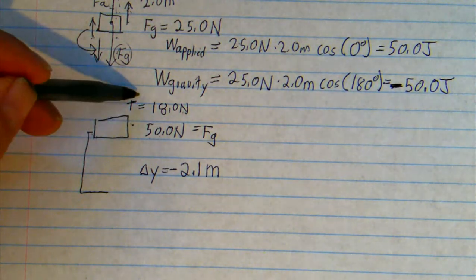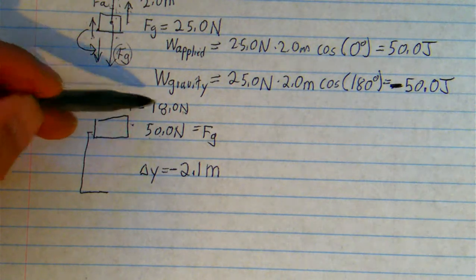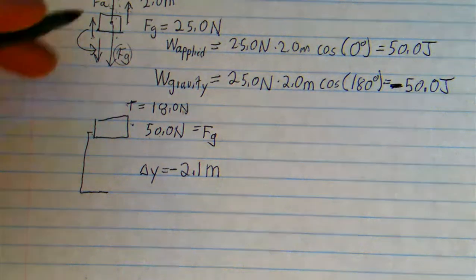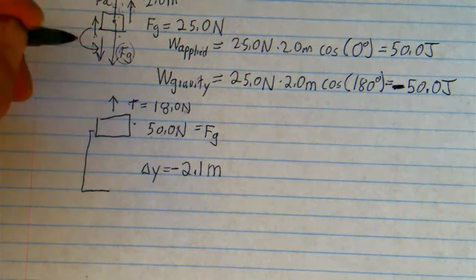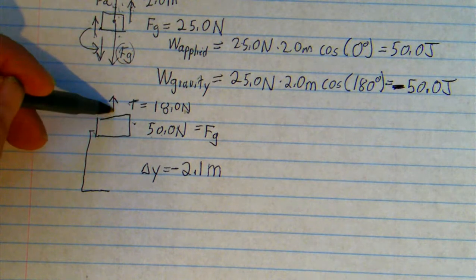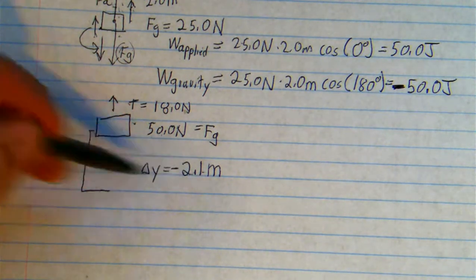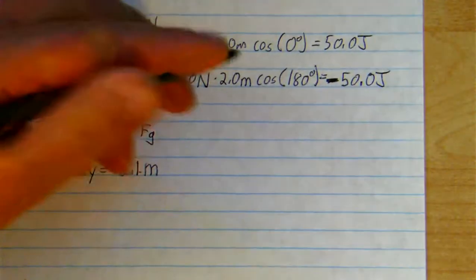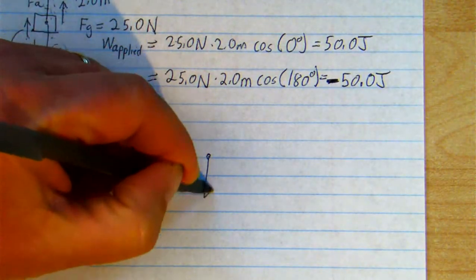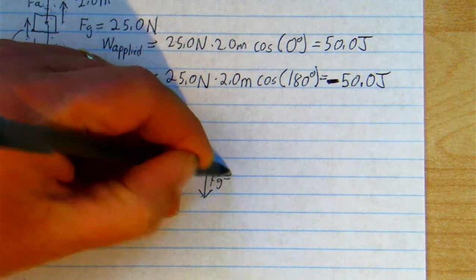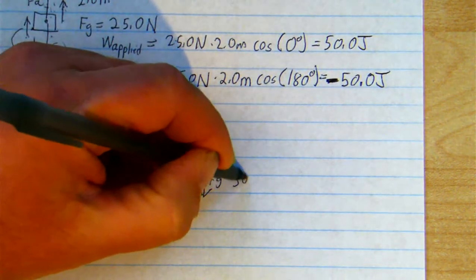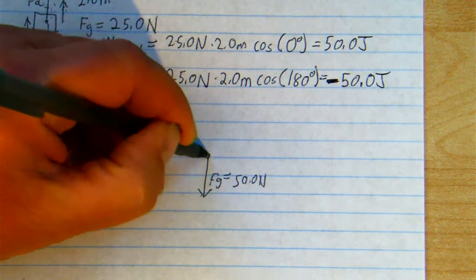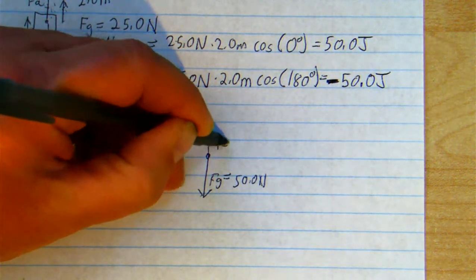I'm going to use only a tension of 18 newtons, which is going to be pointing upwards, by the way, to lower this block by 2.1 meters. Okay, so if I did a free body diagram, the force of gravity pointing down is going to be much longer than the tension force pointing up.